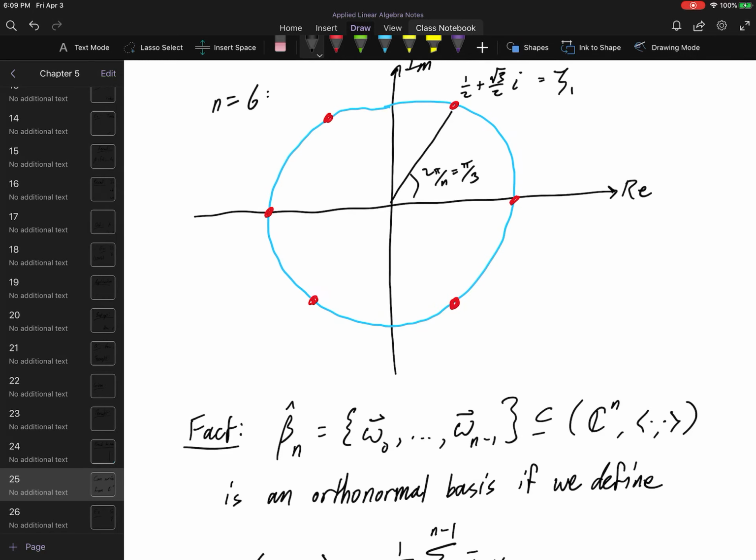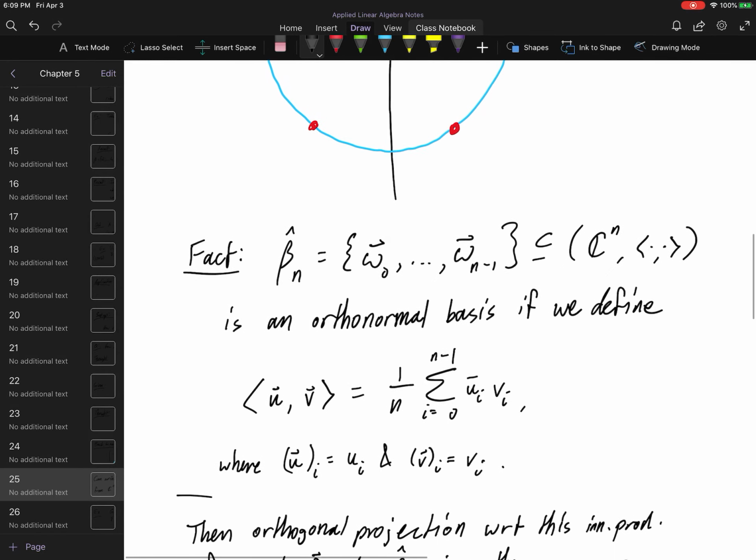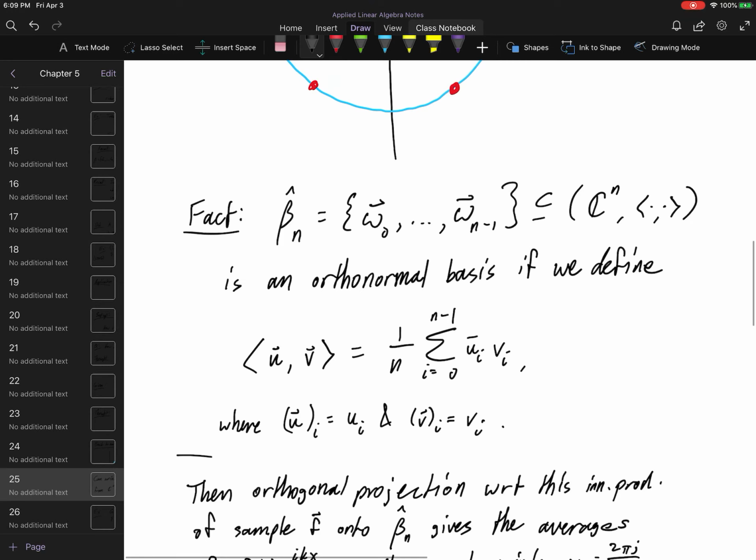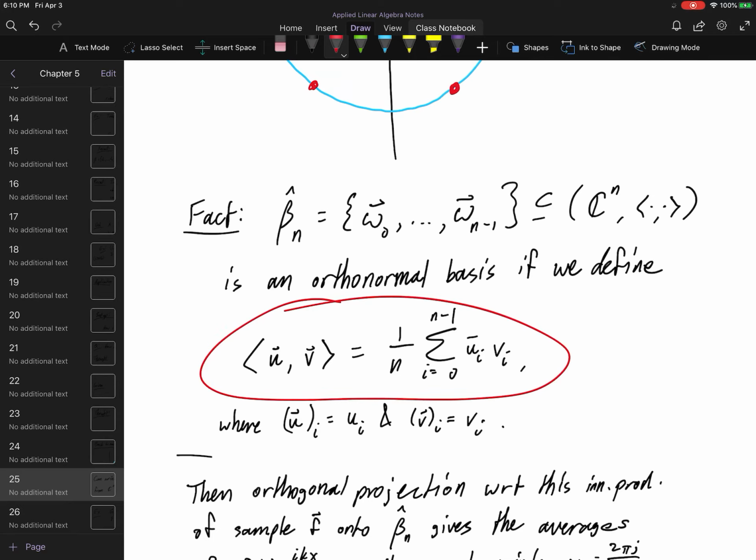But the fact is that these omega vectors, omega 0 through omega n minus 1, form an orthonormal basis in a different inner product space. Remember, I'm trying to define an inner product space for a finite dimensional vector space, and we're going to define our inner product thusly.